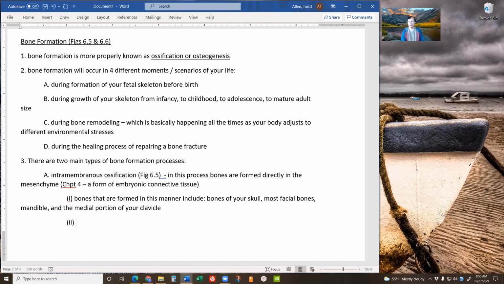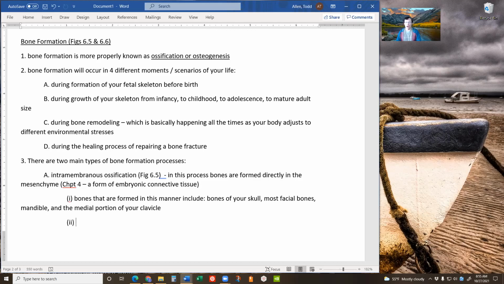Additionally, you're all familiar with the fontanelles of the infant skull, right? That was something that you were studying for your first lab exam when you were thinking about the bones fairly intently. The fontanelles, these are the soft spots that an infant is born with. Once a child is born, over the months after birth, those soft spots will harden. They will actually ossify and turn into legitimate bone tissue.